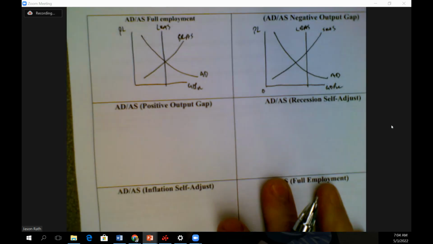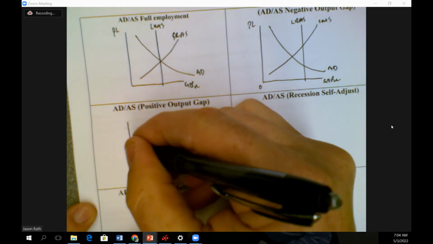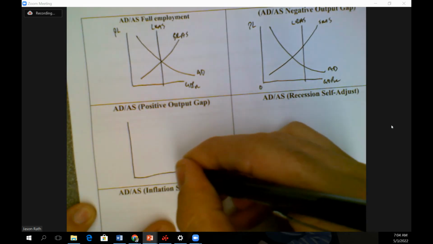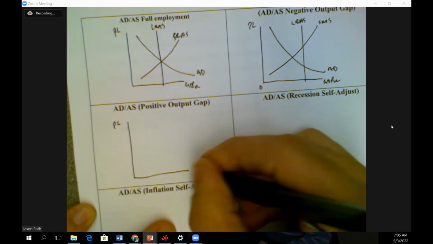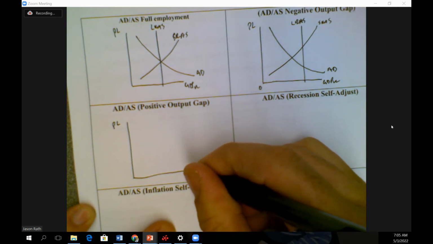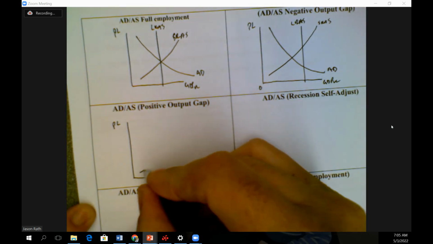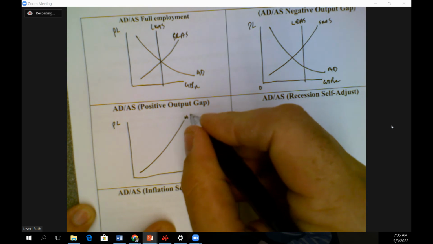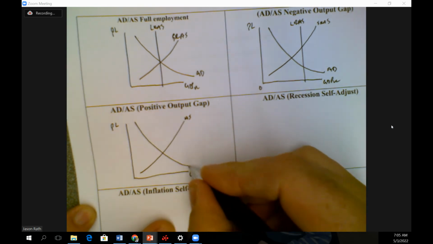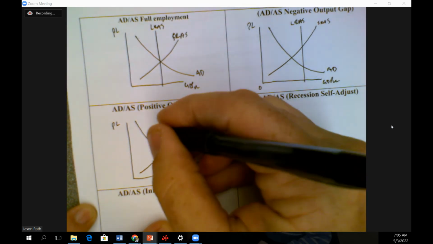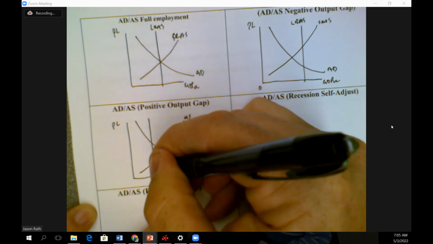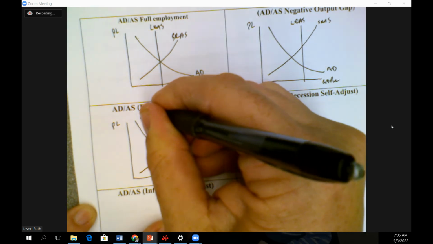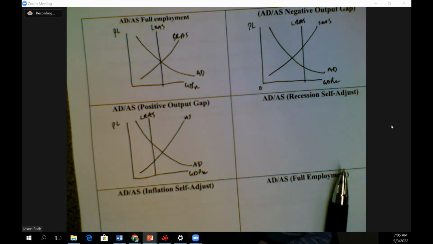Okay. And let's do negative or positive output gap. I know this might seem silly to do all this stuff, but I just need to review. I just need to get stuff in my head.